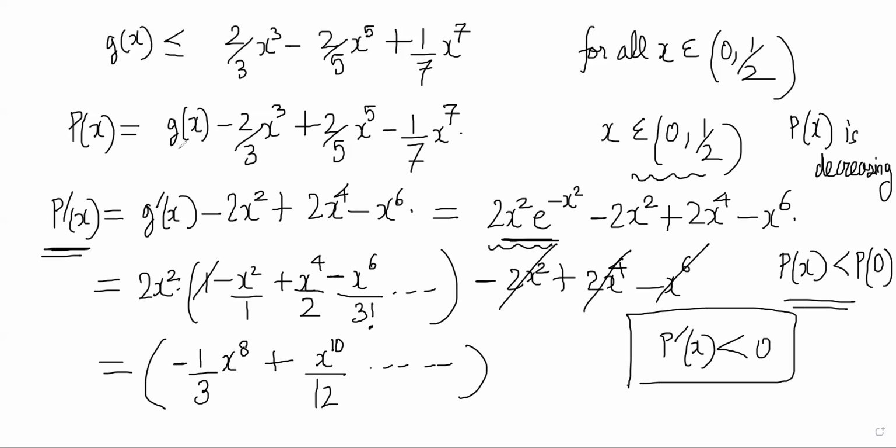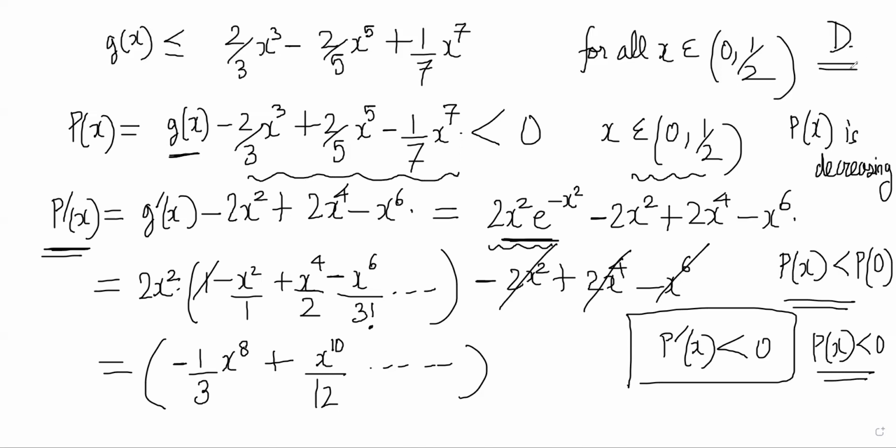Right? And what is p of 0? P of 0 is simply 0. So we get p of x is less than 0. Right? And p of x is less than 0 means g of x is less than this part. Right? So option D comes out to be correct.